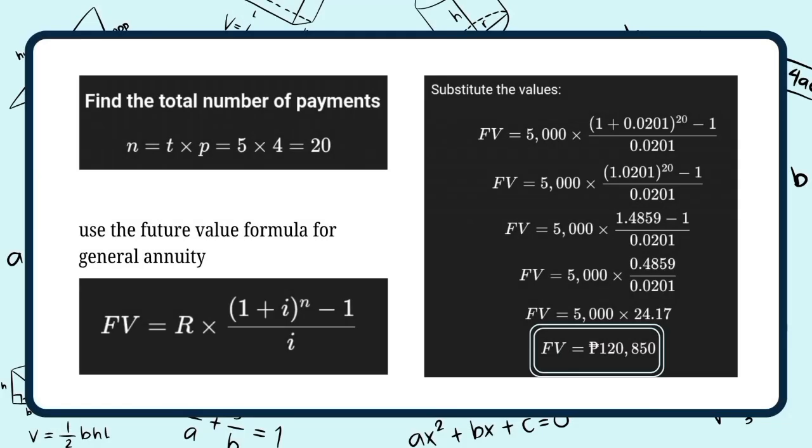Find the total number of payments: N equals T times P equals 5 times 4 equals 20. So, use the future value formula for general annuity. Future value equals R times open parenthesis 1 plus i close parenthesis raised to N minus 1, over i.